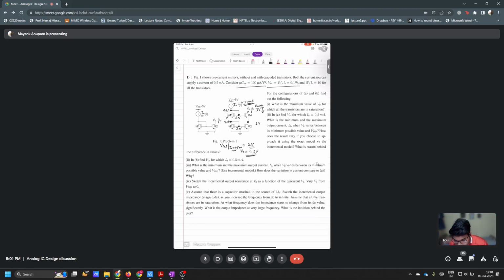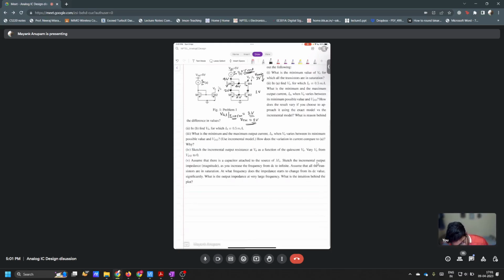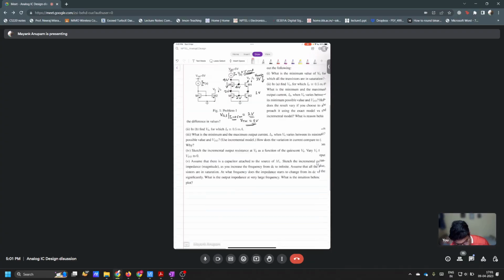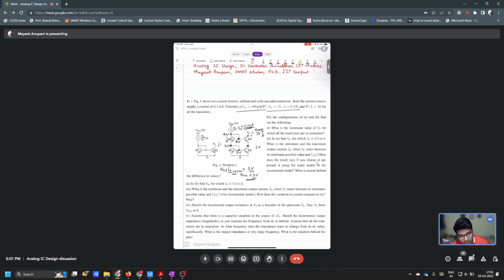No, you were telling that it's dependent on VDS also. That I'm not getting. So if you assume channel length modulation, what is the equation of current? I naught is equal to what? I naught times 1 plus lambda VDS. Yes, that is what I am saying. Is that clear?